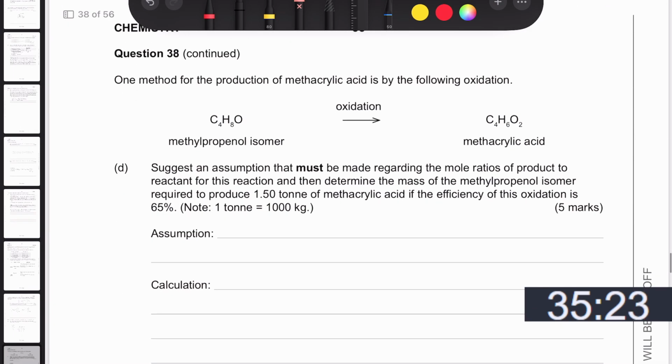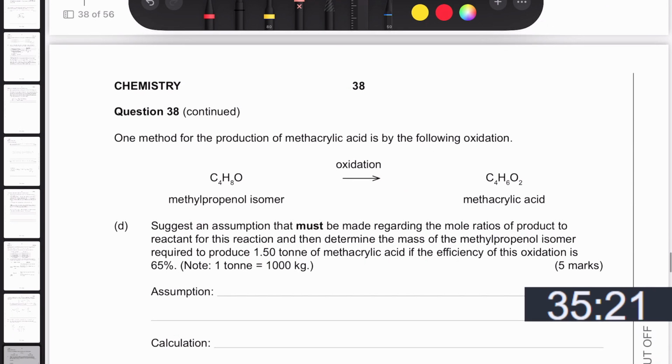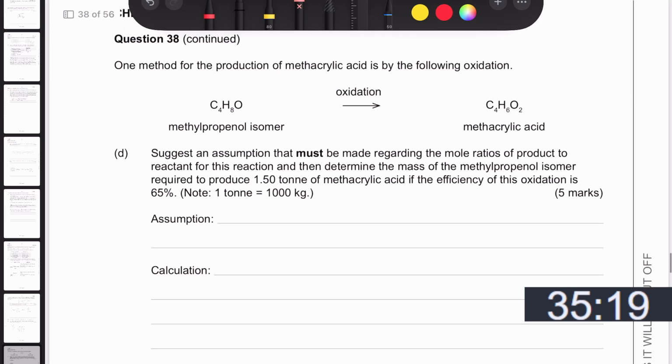Okay. One method for the production of methacrylic acid is by the following oxidation. Determine the mass of the starting material required to produce 1.5 tons, according to the moles ratio.